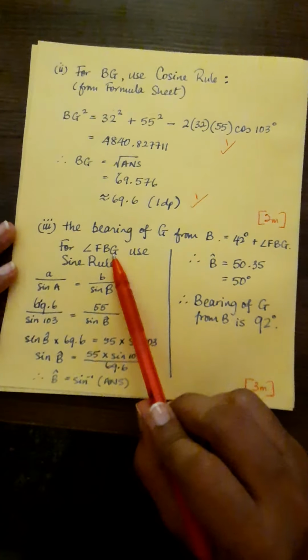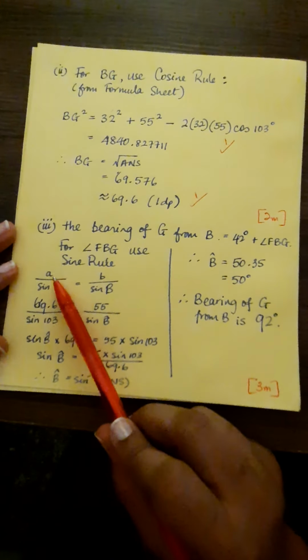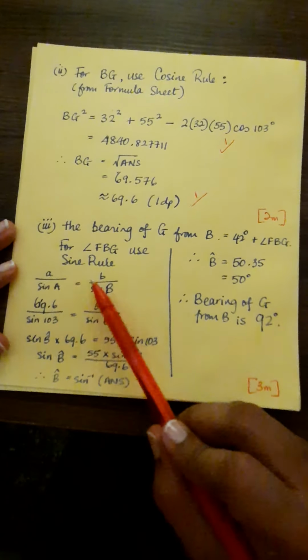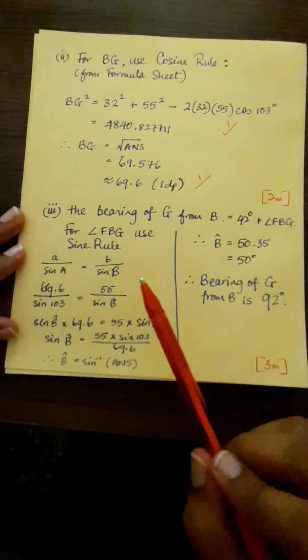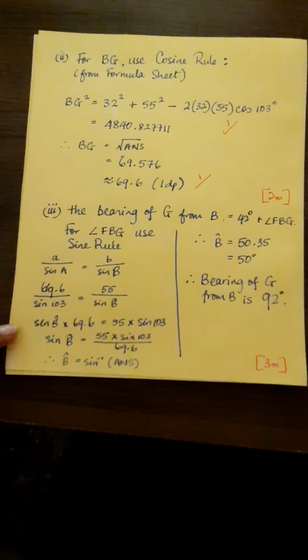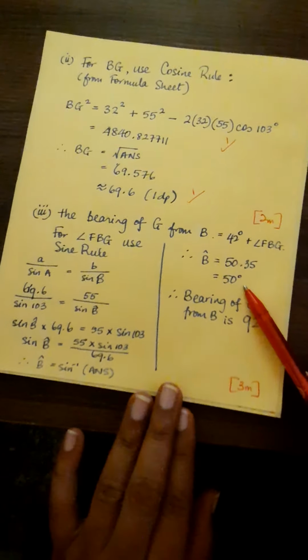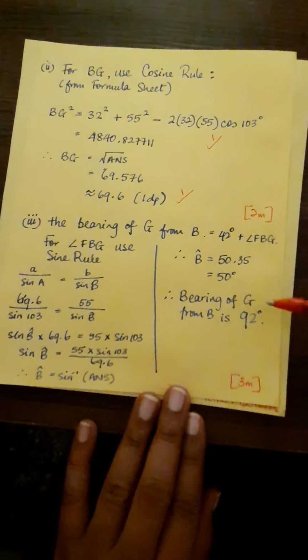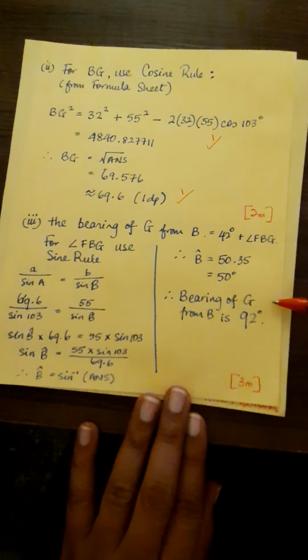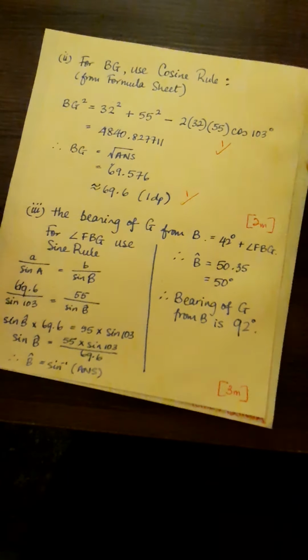For angle FBG, use the sine rule: A over the sine of the opposite angle, B over the sine of the opposite angle, also in your formula sheet. Plug in everything, multiply, divide, move stuff across, and you will get that that angle is 50 degrees. Therefore, the bearing of G from B is 92 degrees.